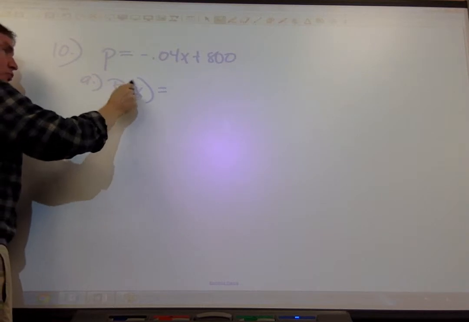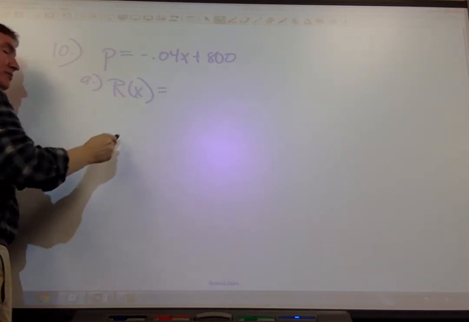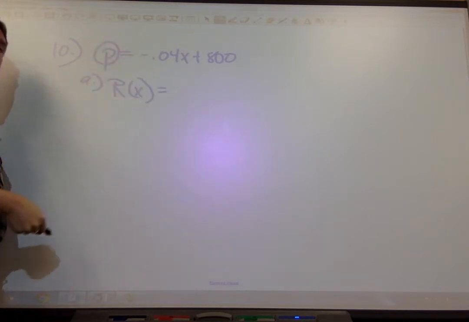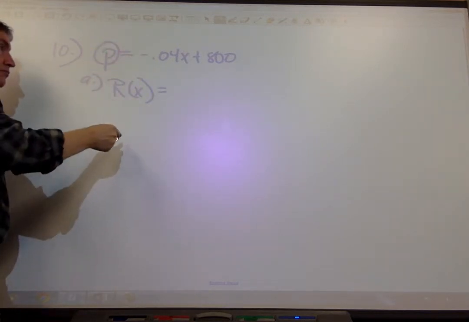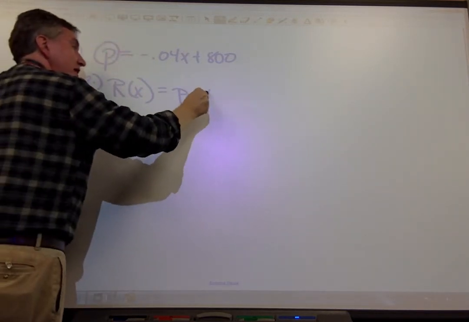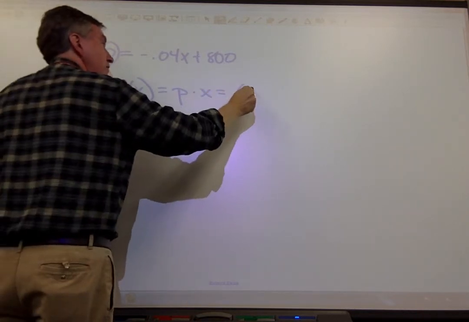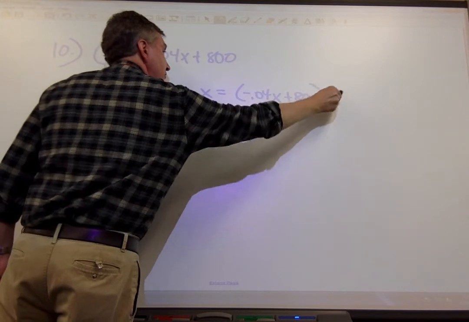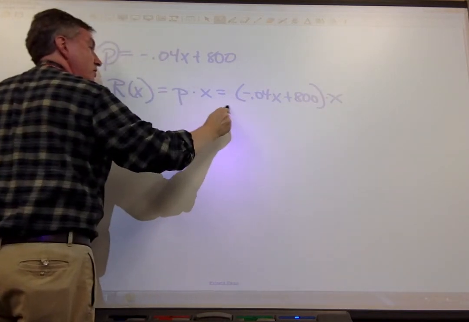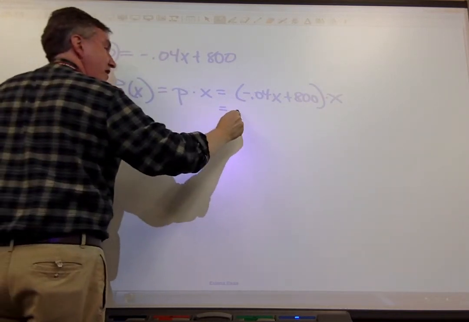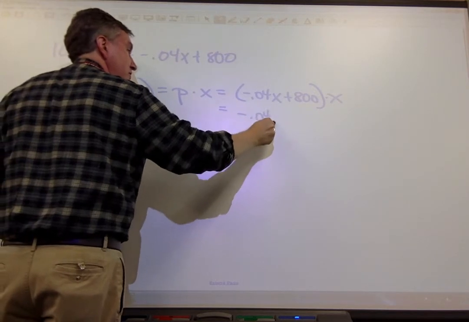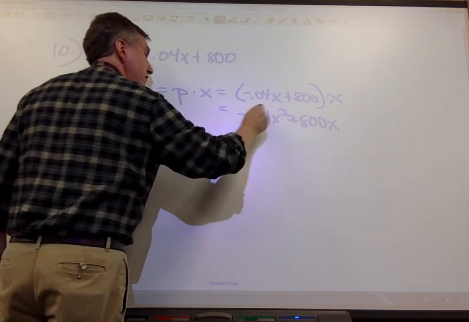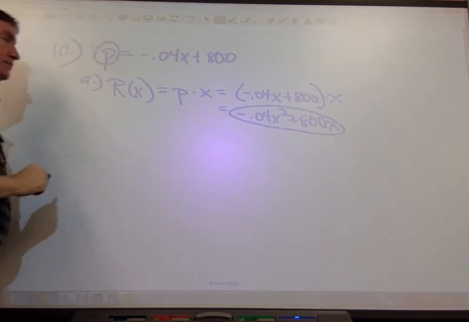Remember that revenue was the selling price times number of items. Well, this is the selling price, and X is the number of items. So P times X, which would actually be negative 0.04x plus 800 times X. If I distribute it, I'll have a nice, easy function to use if I need to. So there's my revenue function.